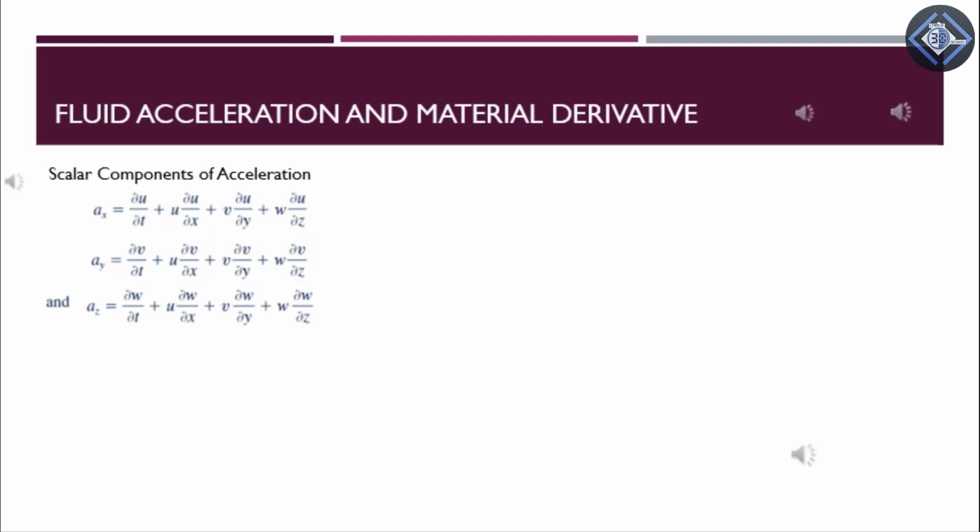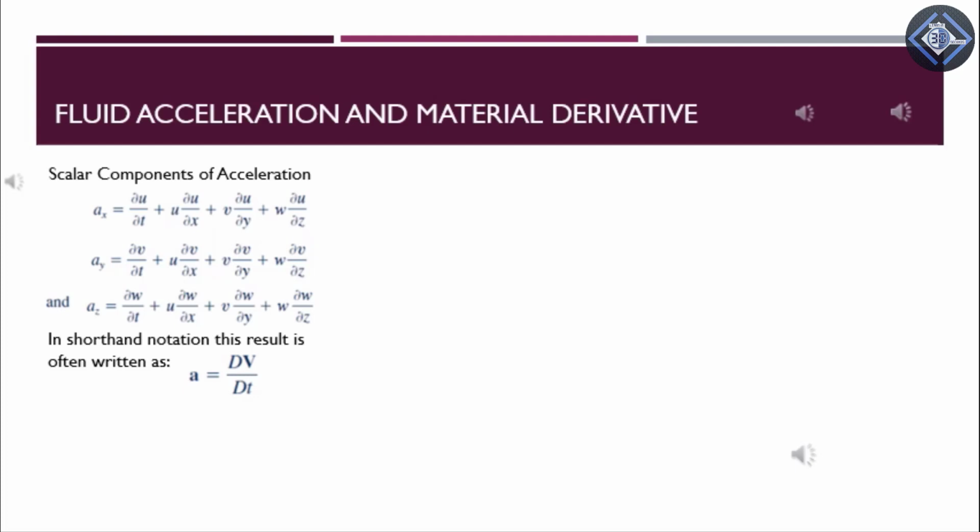You can see them on your screen as well. The expression that we saw on the slide earlier can also be written in the shorthand notation as a is equal to Dv over Dt, which you can just see on your screen, where in Dv over Dt, D is capital.